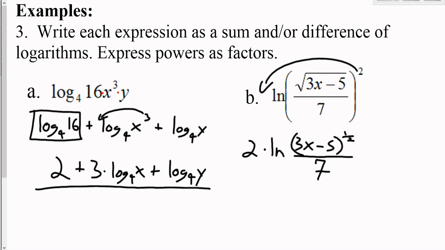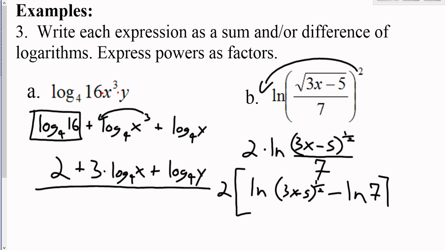I'm going to use my difference quotient. But I need to remember that the 2 still is going to be multiplied throughout. So I'm going to have ln of 3x minus 5 to the 1/2. And because that is a quotient, I'm going to subtract the ln of 7. Okay.